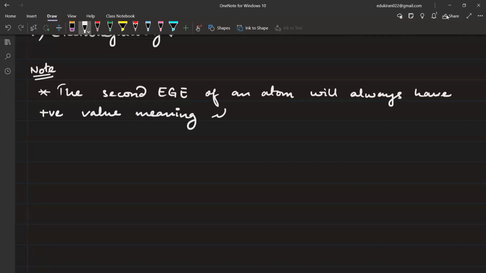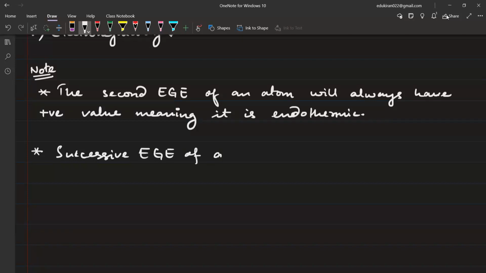Meaning it is endothermic. That is what we can say: successive electron gain enthalpy of an atom is endothermic.